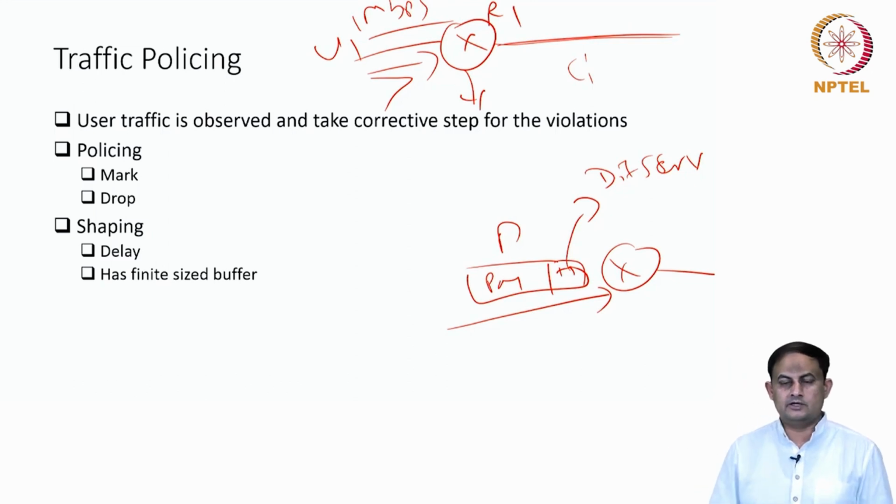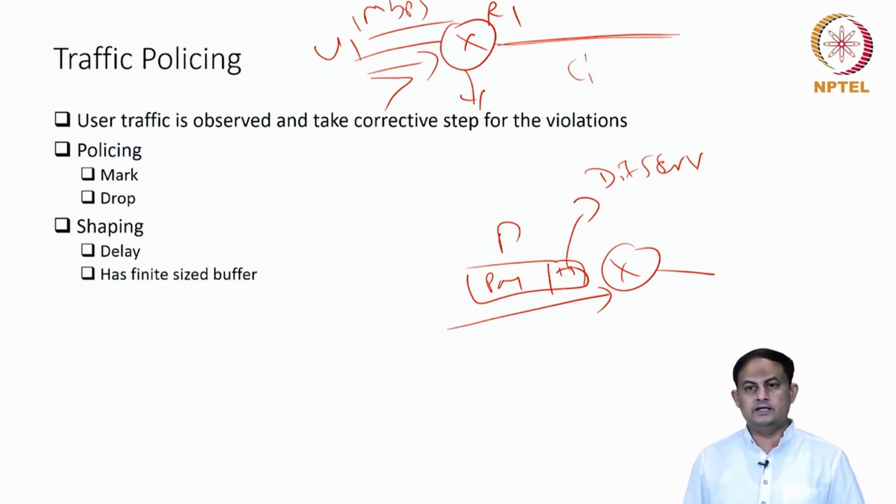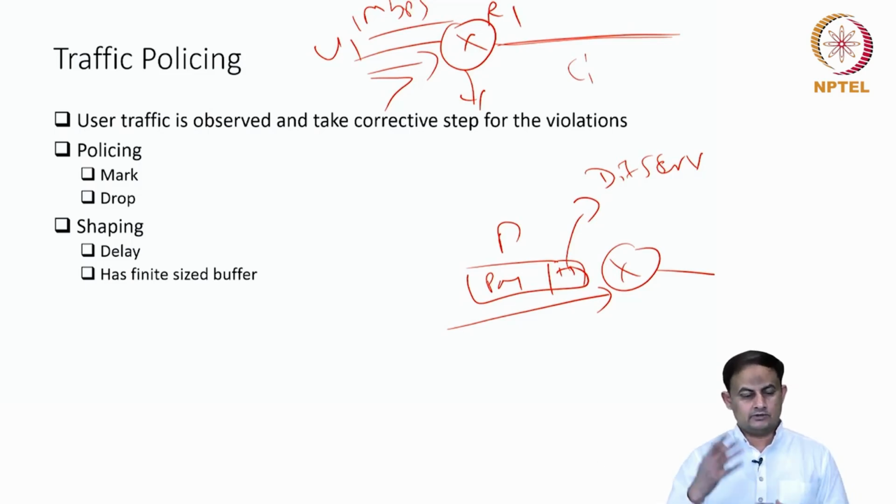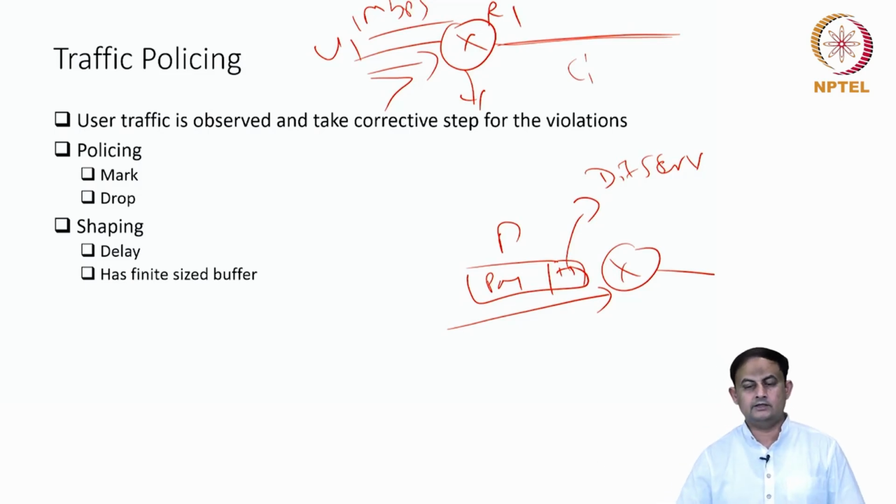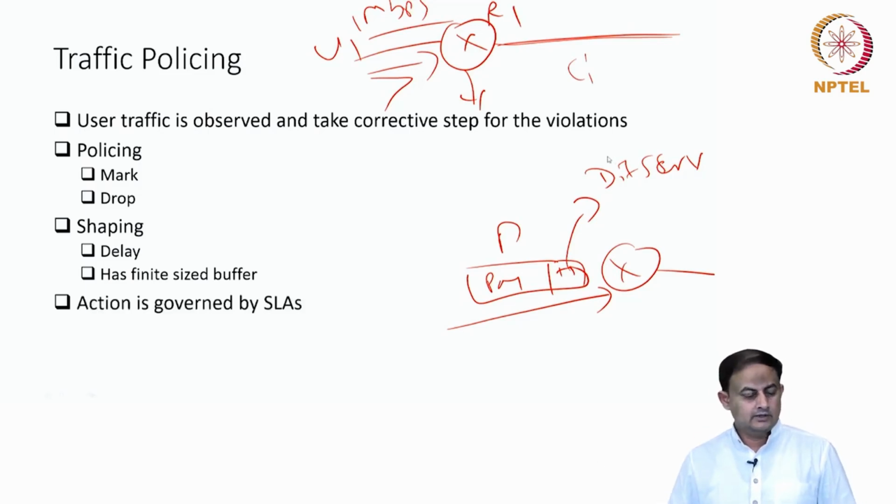So, what are the things that you do inside the shaping? You basically delay the transmission and put the packet inside a queue which has a finite buffer, make it wait, and then transmit. These are the two things that happen inside the router.